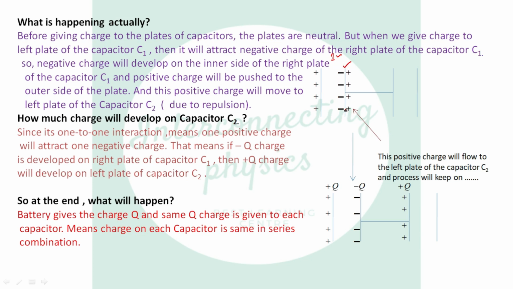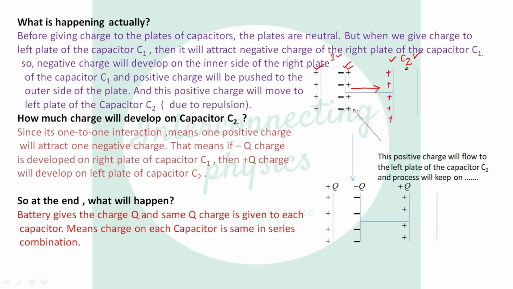Now, because positive charges repel each other, due to this repulsion this positive charge will move to the left plate of capacitor C2, and obviously this becomes positively charged.